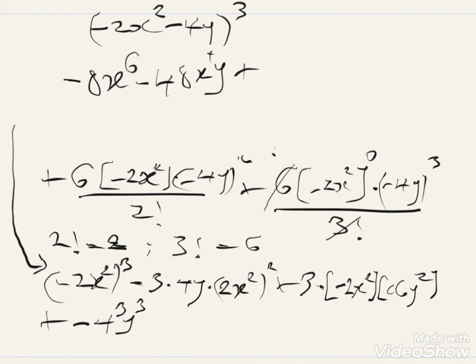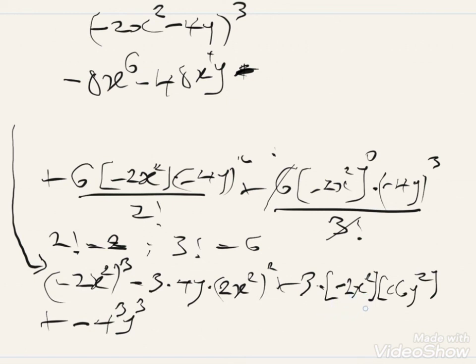Okay, for the third term it is still minus, no more plus, because of this minus attached to the 2. So 3 times minus 2x² gives me minus 6x².